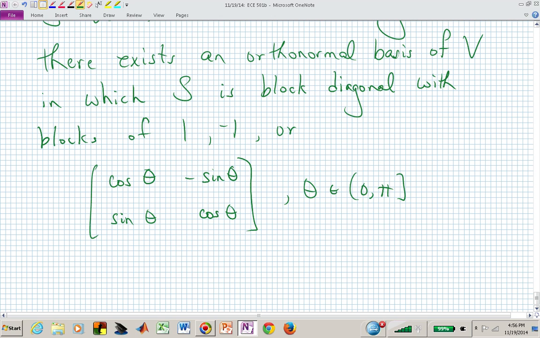I would have two 1 by 1s. I would have a 1, 1, and 0 off diagonals, and that would then revert back to having 2 blocks of 1, 1. Meaning the angle theta now is going to be something bigger than 0 up to pi. That's theta.